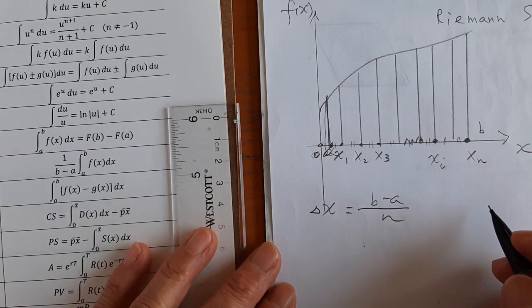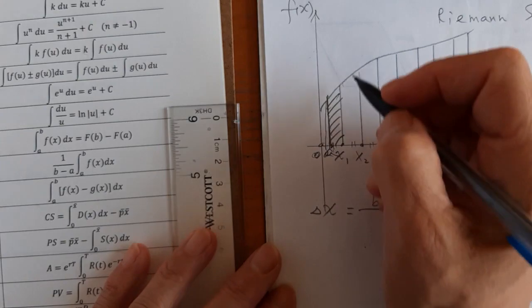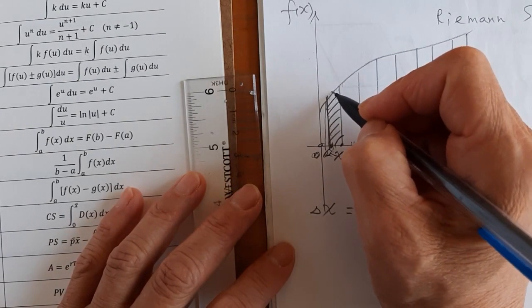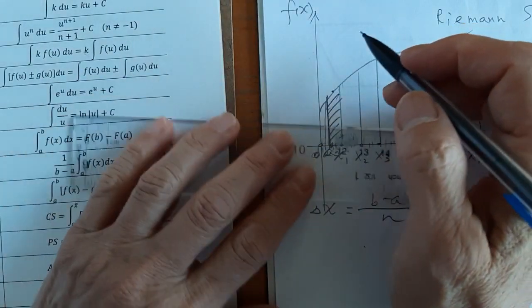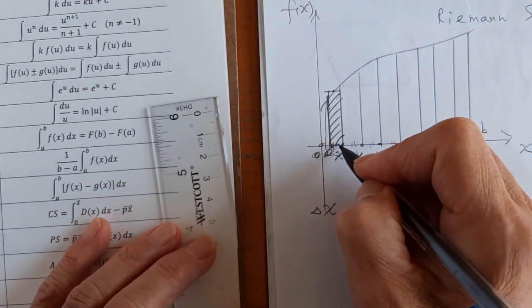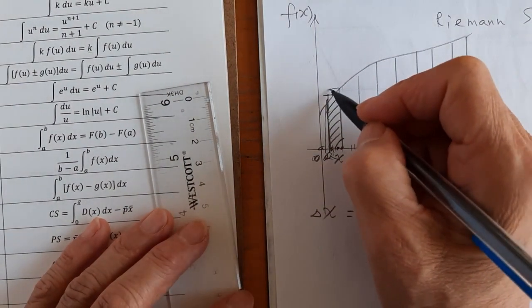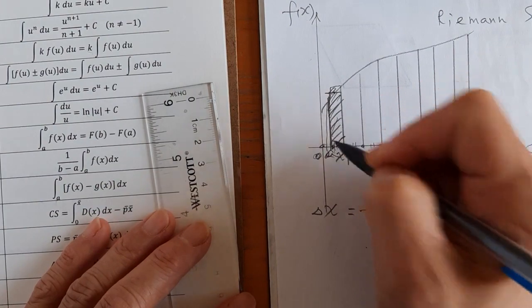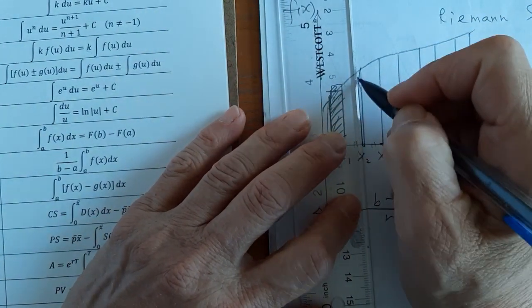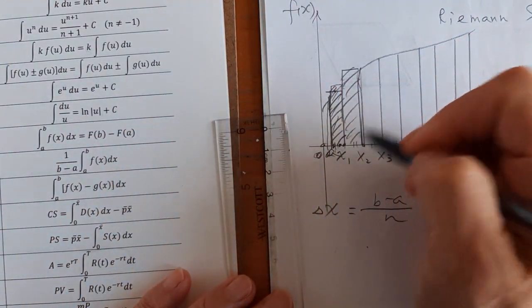Then the area of the first interval, if I use the midpoint, is going to be this one. Or use the right side point, either one.